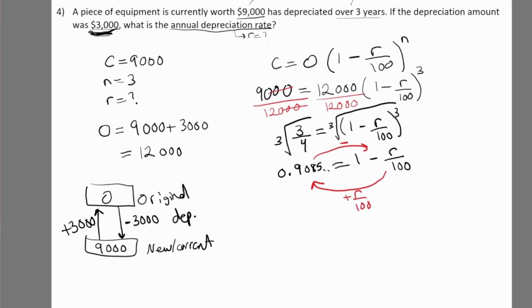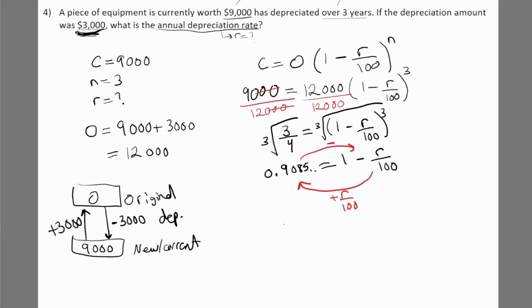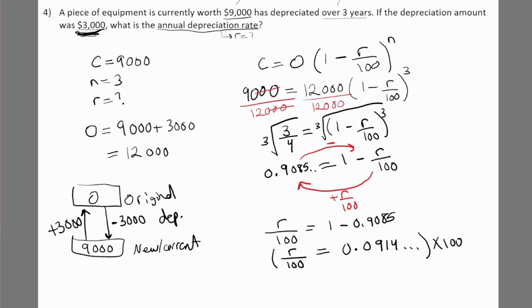r over 100 is equal to 1 minus 0.9085. And I'm going to find this answer, 1 minus Ans on the calculator. We get 0.0914 and so on is equal to r over 100. And now I'm going to multiply by 100.